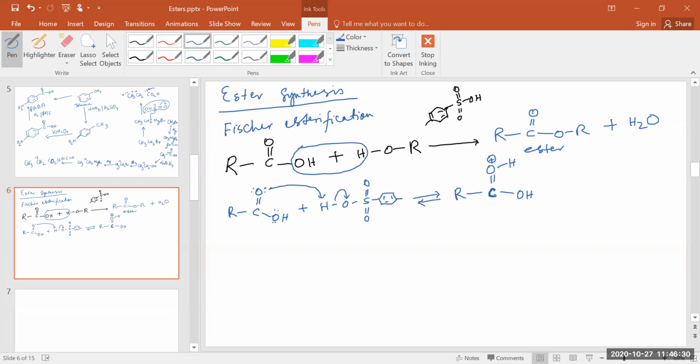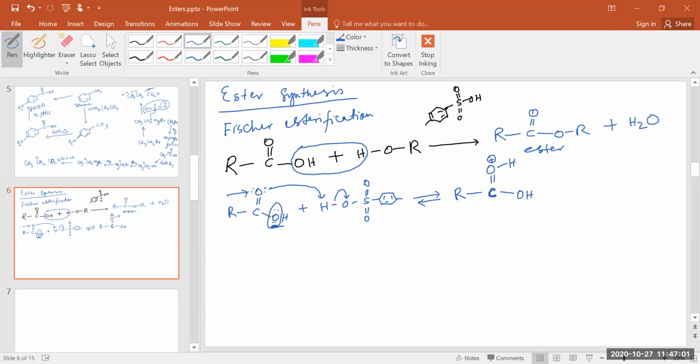And another important point: why does this oxygen not get protonated? Why only this one? Anybody can answer? We'll get 2 points. You have lone pairs on the OH oxygen as well as the carbonyl oxygen, both have 2 lone pairs, but the carbonyl oxygen will get protonated, not the OH.